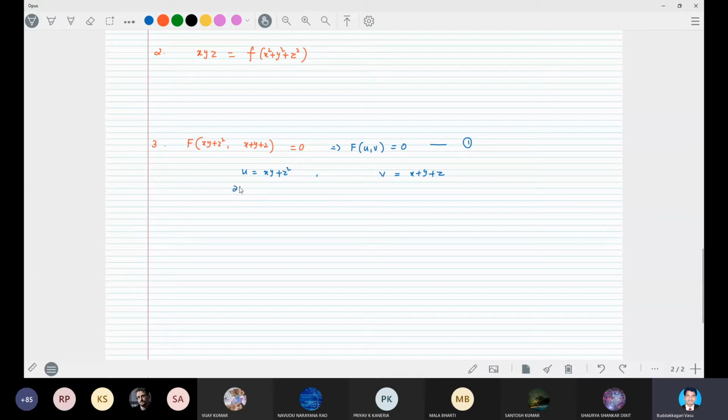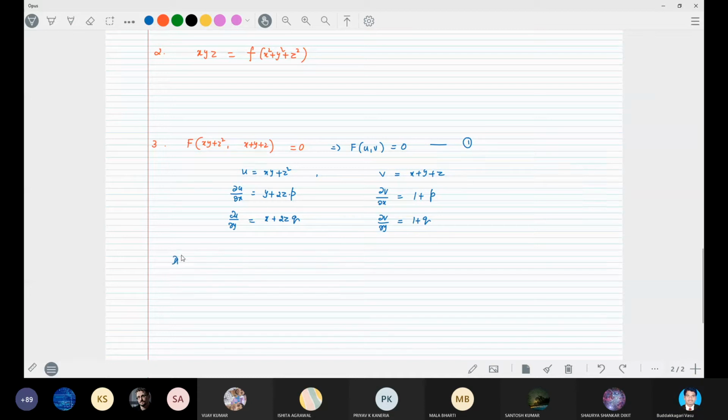Okay, you find out here dou u by dou x. What is dou u by dou x? y plus 2z into dou z by dou x, that is p, right? Similarly, dou v by dou x is 1 plus p. Dou u by dou y is x plus 2z into q. Dou v by dou y is 1 plus q, right?